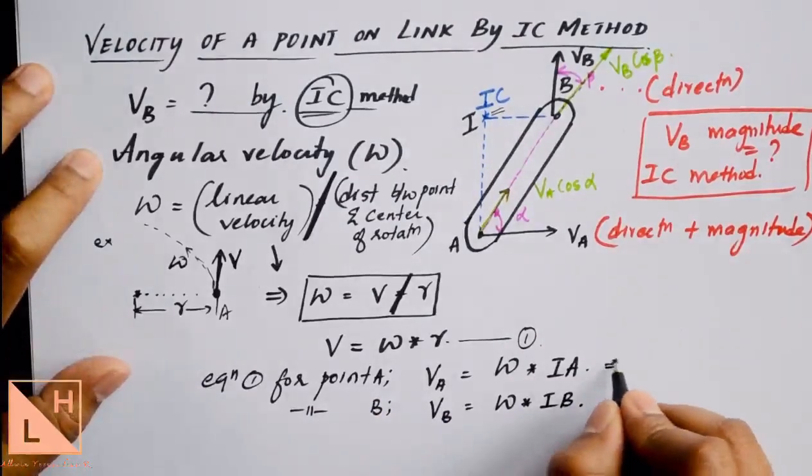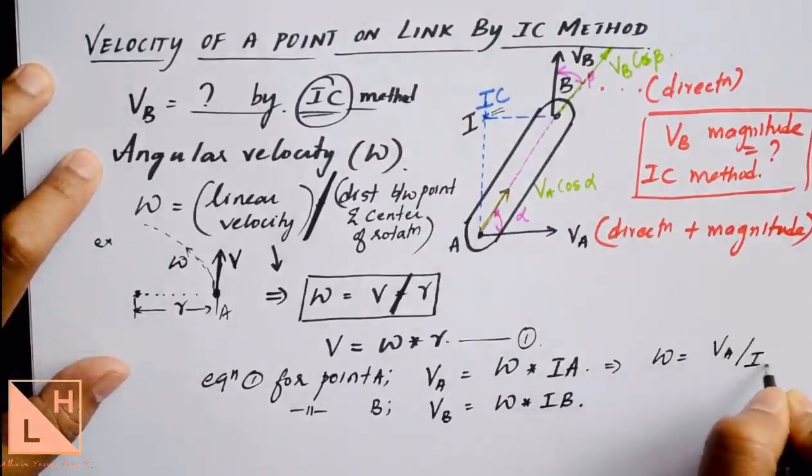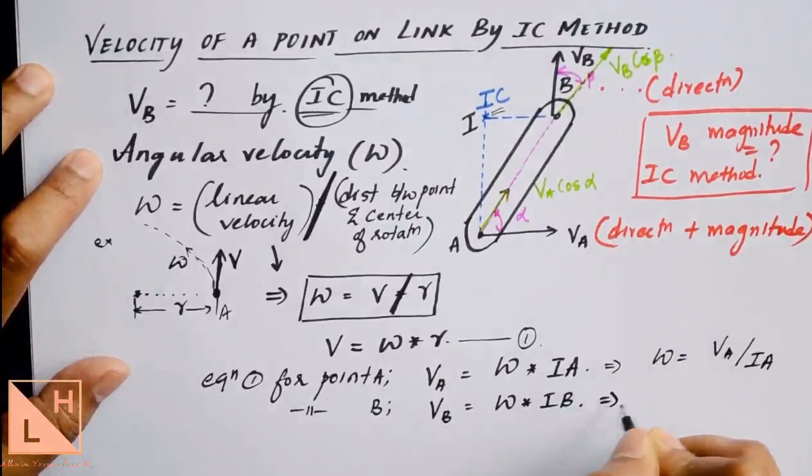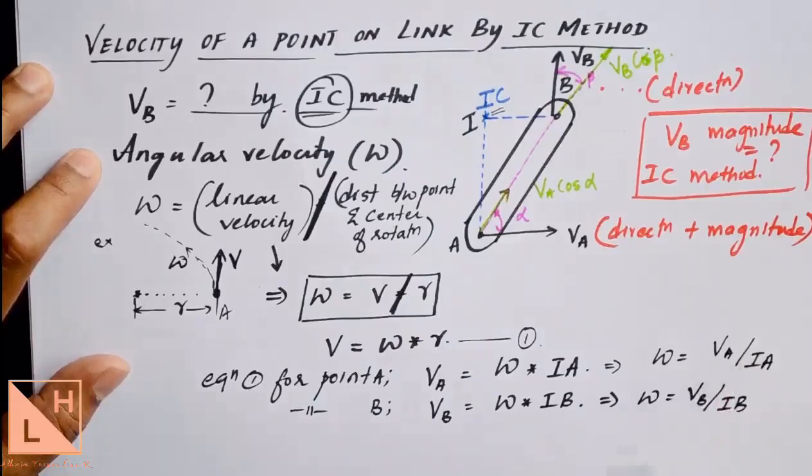Hence, using this we get the value of omega as Va divided by Ia, and in the same manner you get omega equal to Vb divided by Ib. So when you compare these two equations, we can write the value of omega as Va divided by Ia equal to Vb divided by Ib.